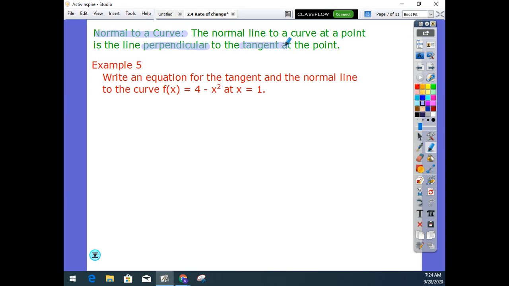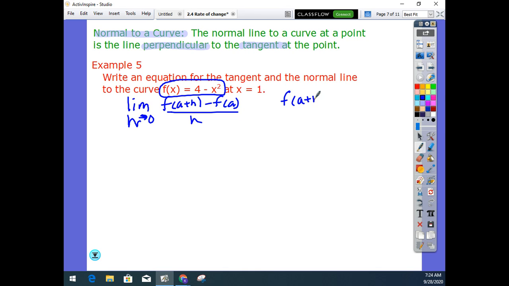That's all this is. So you find the slope using the limit as h approaches 0 of f of a plus h minus f of a all over h. Now we're going to use this function. All right, so we need f of a plus h, which is 4 minus a plus h squared.